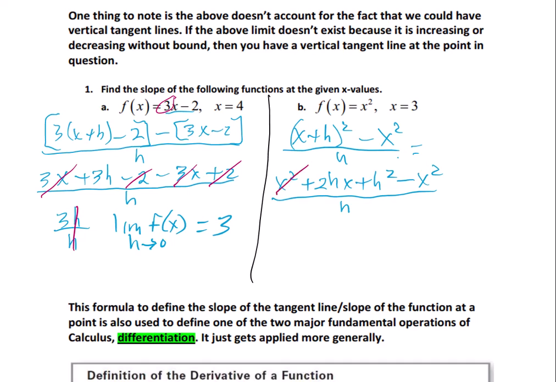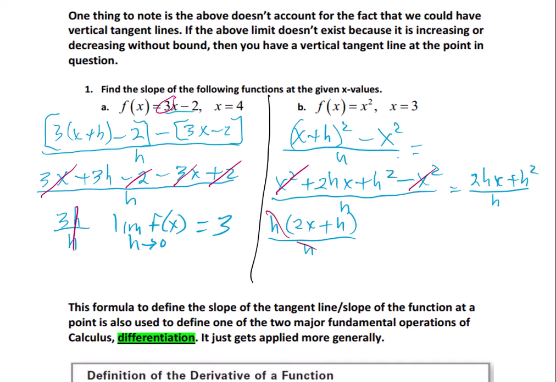What cancels? My x squareds, and that's about it on canceling. So what I've got then is 2hx plus h squared over h. Let's do a little bit of factoring. I can pull an h out on top, and that's going to give me 2x plus h over h.